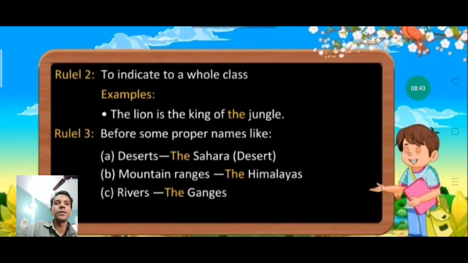We will say the Mahatma Gandhi, the father of the nation. In front of a proper noun we use the, and because of this only it is called a definite article. We are talking particularly about this.